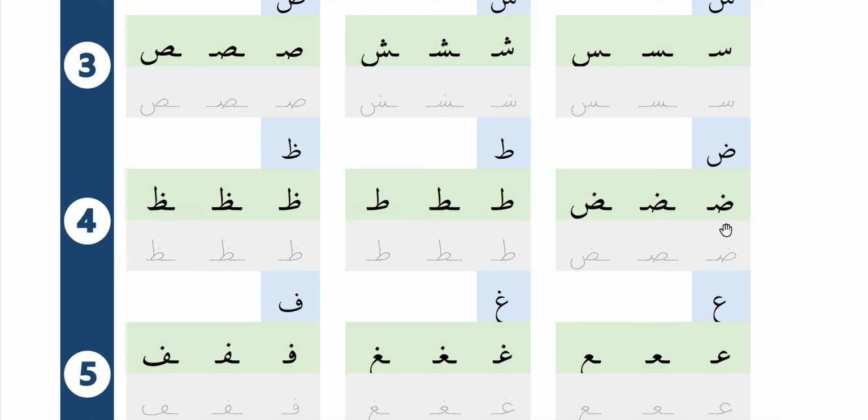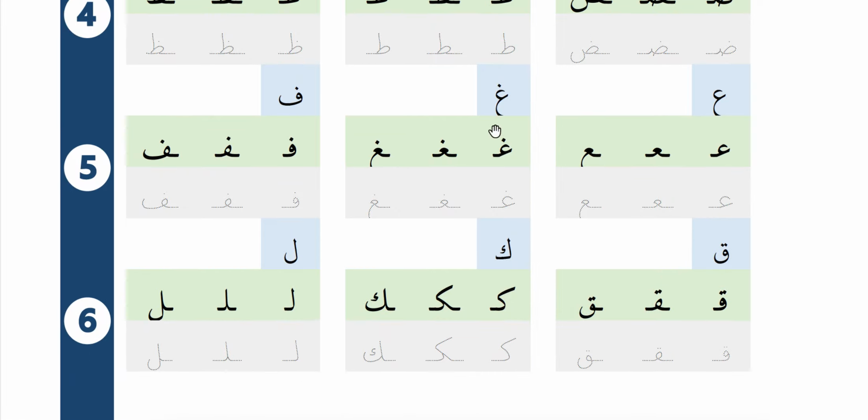Dad, same like sad but with a dot on top. Dad, dad, dad. Ta, it has an alif on top. Ta, ta, ta. And then za, there's an alif on top and a dot. Za, za, za.